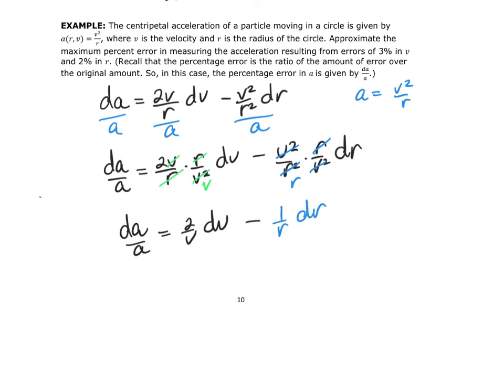And this is why I did this. You're like, why is she doing this now? Well, because what we have is the percentage of error A is given by dA over A. That's why I divide everything by A, because I needed a dA over A. Well, once I've got that, then I know that my dv over v has to equal the 2%, and then, of course, my dr over r has to equal that 3%.